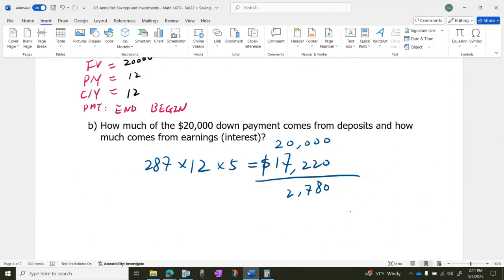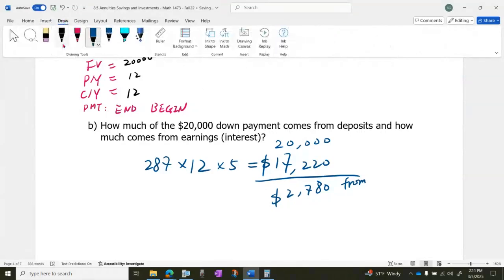The difference is $2,780. And this is the interest. How about that? Yeah, that is the interest. You put in a majority of the money, and then the bank put in $2,780 to make the 20 grand in 5 years.